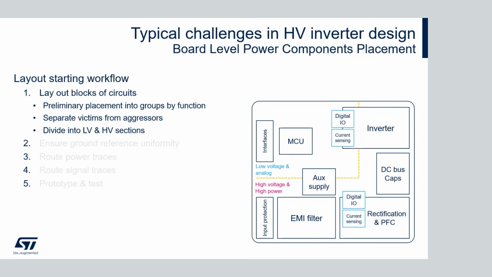In an inverter, it can be pretty much simplified, because you can say that most of the high voltage circuitry is likely to be the aggressors with the fast switching that has to happen there. And most of the low voltage circuits are going to be rather the victims of this noise. So it's a good idea to separate them into two different regions on the PCB.